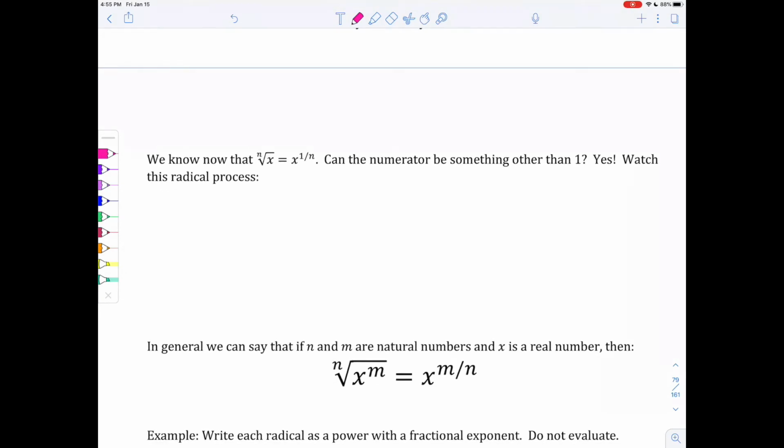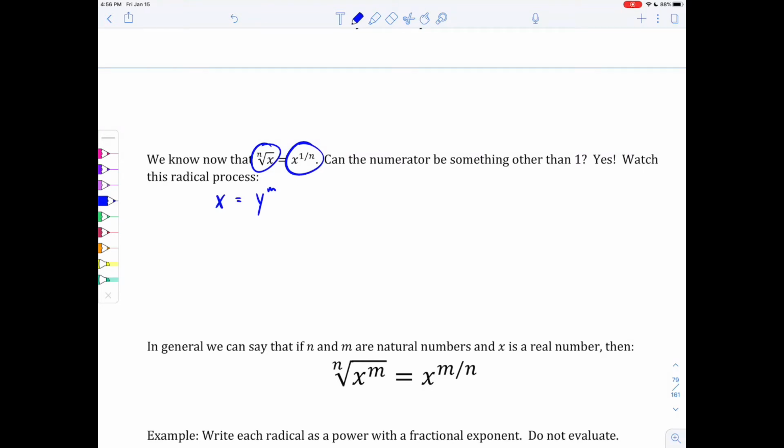Well, let's just say, here we had the nth root of x, and that's equivalent to x to the power of 1 over n. Well, what if in some case, maybe this one perhaps, instead of saying the nth root of x, let's just say x is equal to maybe some other variable y to some other exponent m.